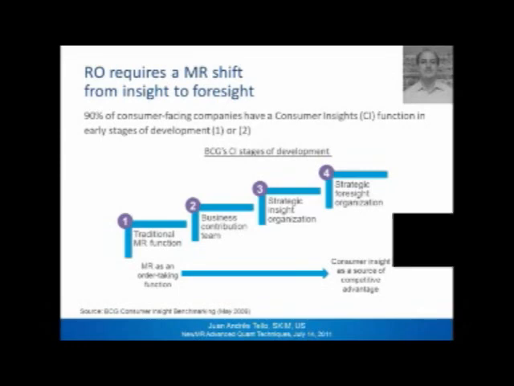They say that there are 4 stages of development for the consumer insight function, all the way from an order-taking function to a source of competitive advantage, the strategic foresight organization. It really takes that mindset to do revenue optimization effectively. You have to make sure that the right stakeholders are involved.